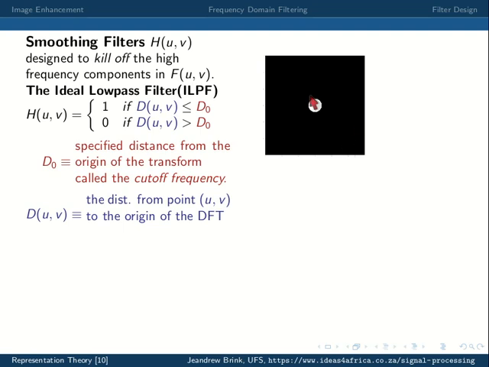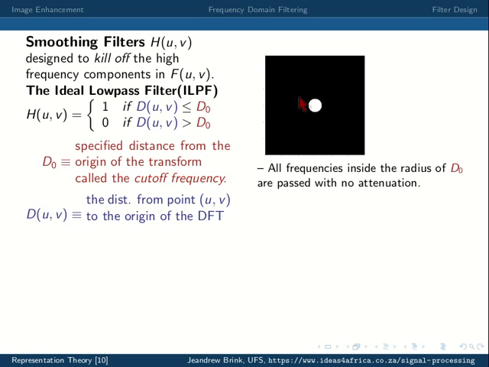Okay, when your images aren't square, you can change that a little bit and rescale it. That's why I got an ellipse on my other image, because you tend to rescale the image so that the sides are square before you do these things. So this is what the distance is. So the basic filter design is if D(u,v), the distance from the origin, is less than or equal to D0, then it's 1, otherwise it's 0.